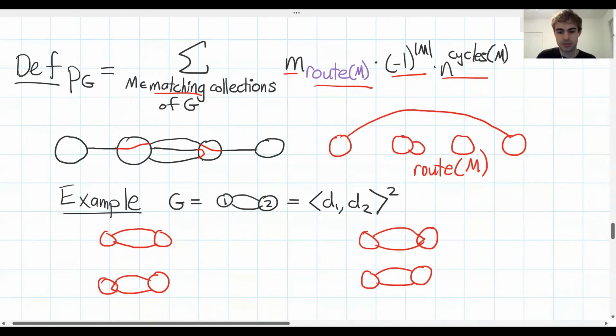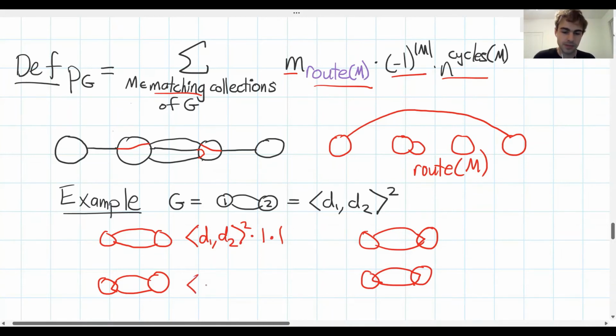The third one matches at 2, and the fourth one matches at both 1 and 2. So, okay, let's work out what the term is for this. The routed graph here is going to be d1, d2 squared, and the sign is going to be just 1 because the size of M is 0. And the number of closed cycles in M is 0. So cycles of M measures the number of closed cycles that we formed.